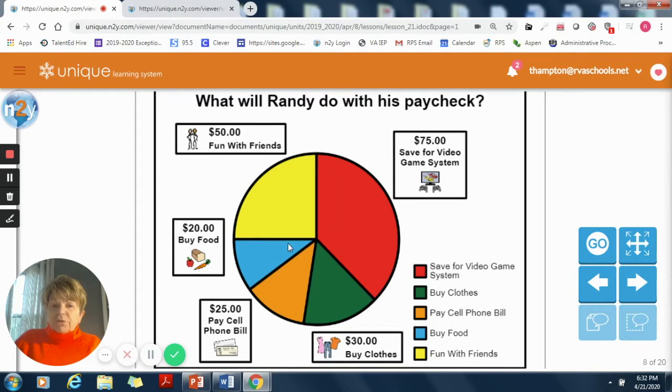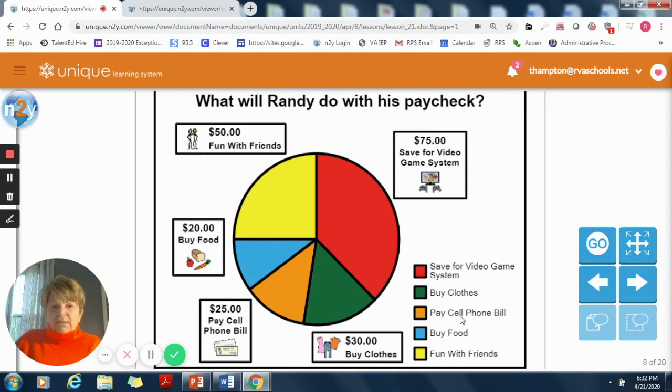Now we're at the blue section, which, if we look at this blue section, remember, it's a bit smaller than the others. But let's look down and see what the blue is for. Blue is to buy food. So blue is how much? $20 to buy the food. Very good. Then we have the orange section.